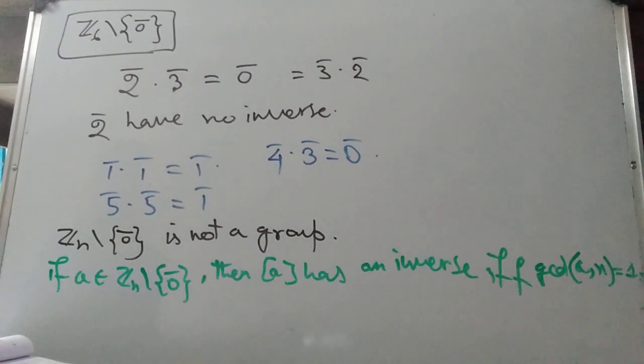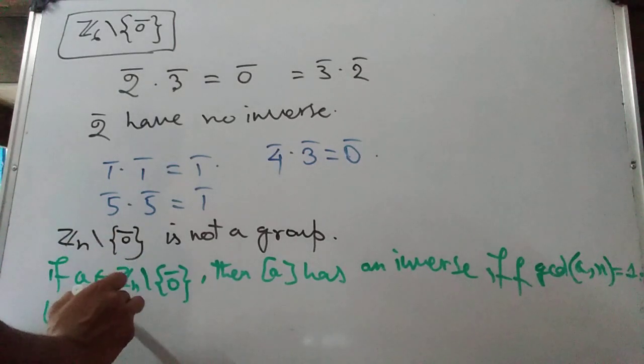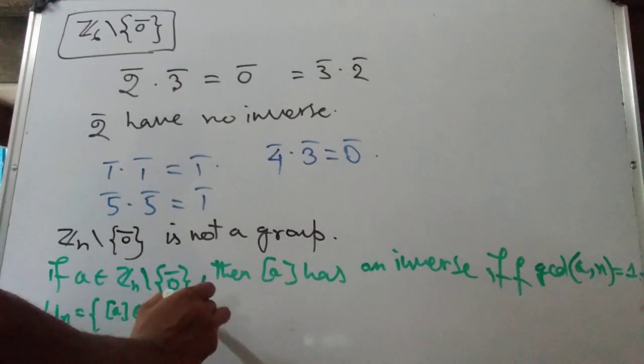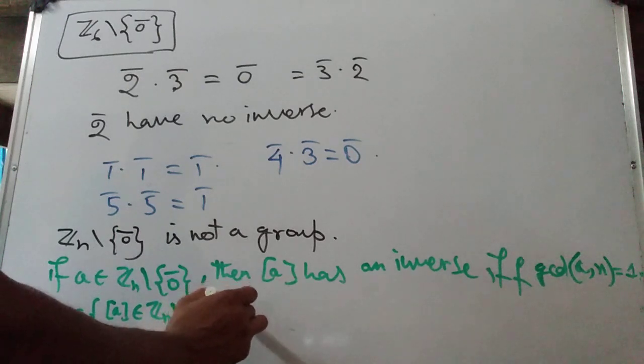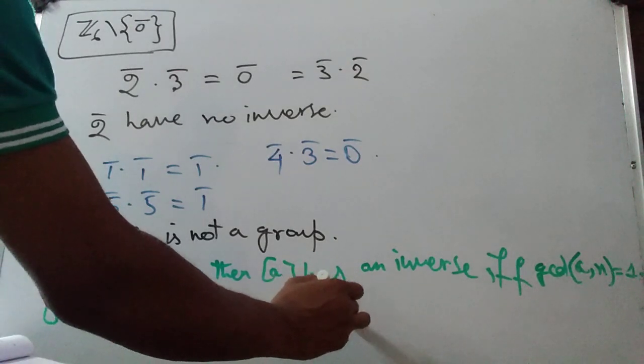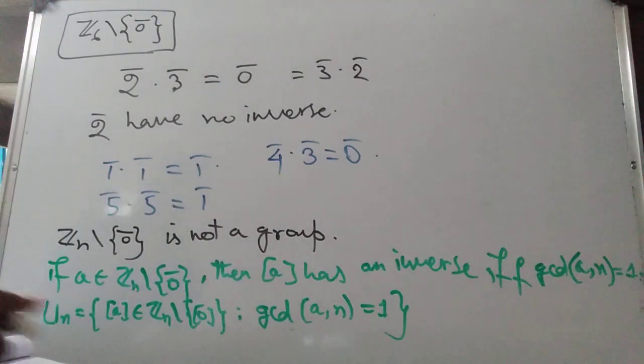We also write it this way: Un equal to those class A belongs to Zn difference 0 class, such that GCD of A, n equal to 1. Understood? If this holds, then Un becomes a group with respect to multiplication modulo n.